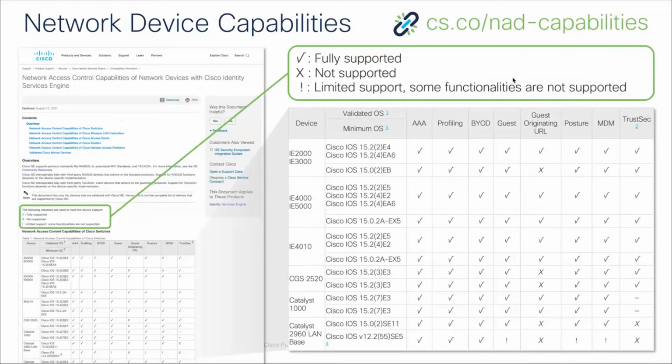But can it do layer 3 access control lists? Can it do fully qualified domain or DNS access control lists? Can it do URL redirection? Those are the kinds of things that really start to differentiate switches, especially. We've had the ability to do DNS based ACLs on wireless controllers for over a decade now.